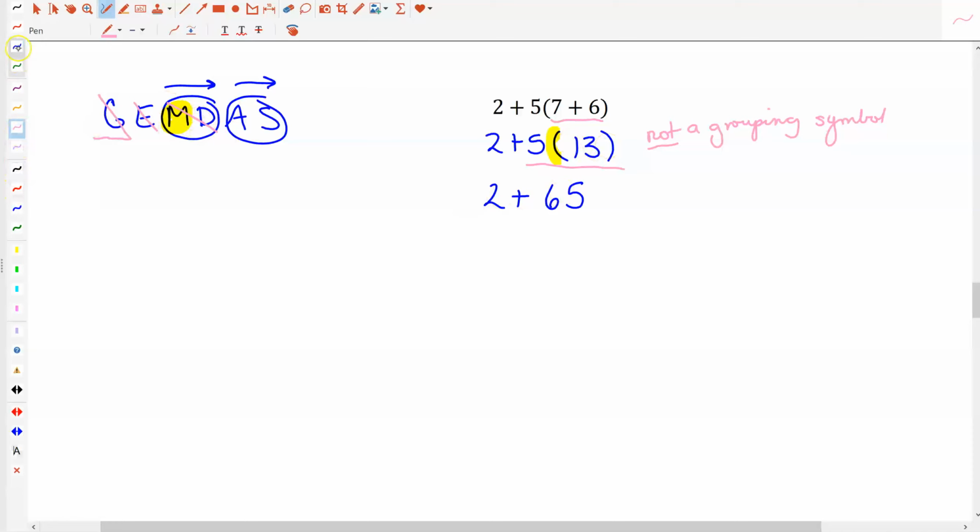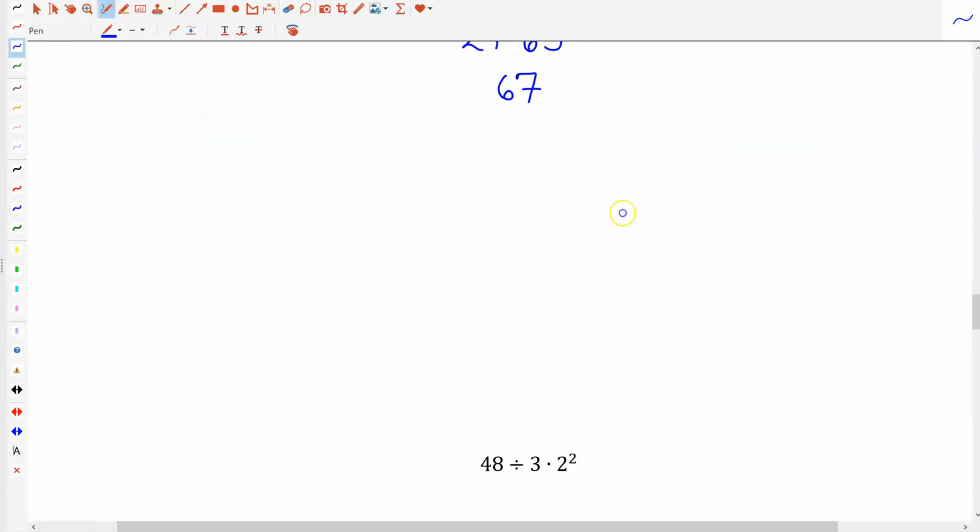Now I'm down to my adding and subtracting. 2 plus 65 is 67. So we need to be careful in problems where we have parentheses as a grouping symbol when there is a number sitting right next to the parentheses, because that will also indicate an operation of multiplication that we'll need to account for later on. All right, next problem.